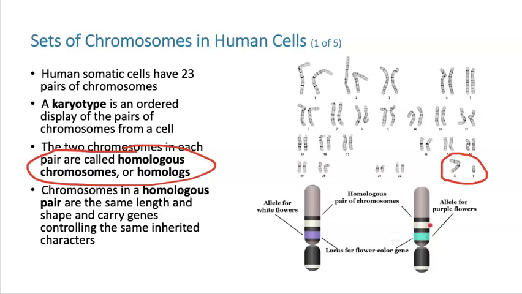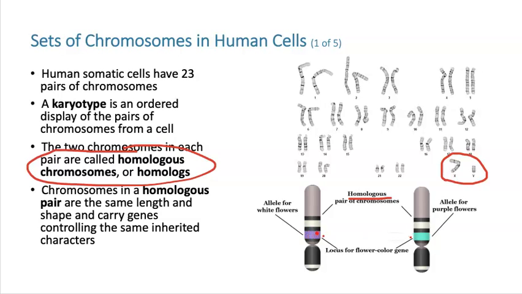But when we say homologous chromosomes, I really want to emphasize that they are very, very, very similar, but they're not identical. Sister chromatids are identical. Homologous chromosomes have genes located at the same locus, right? So here is a gene for flower color right there, and the same location on the homologous chromosome right there, but they have different versions.